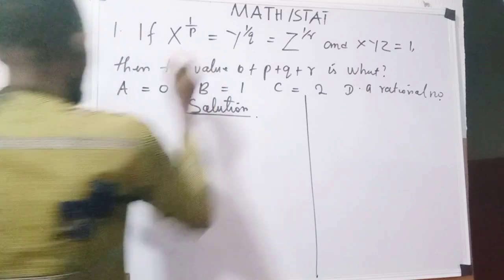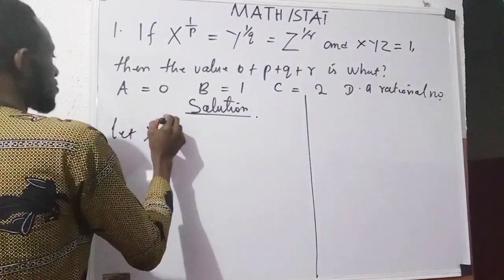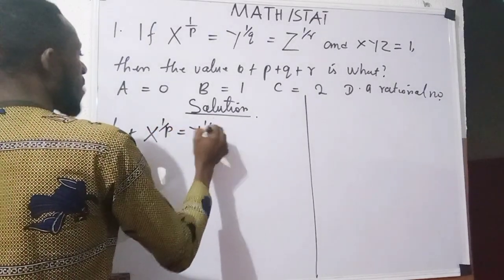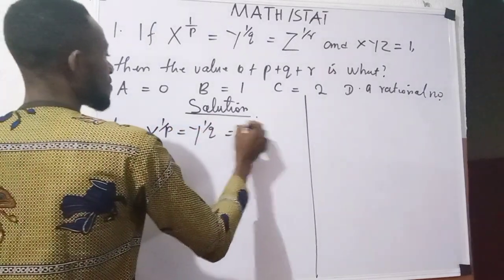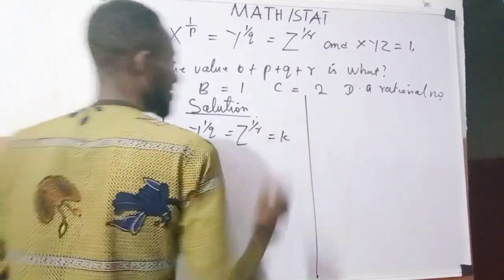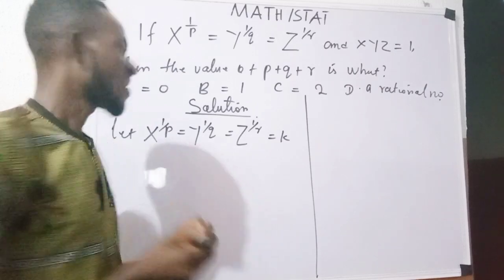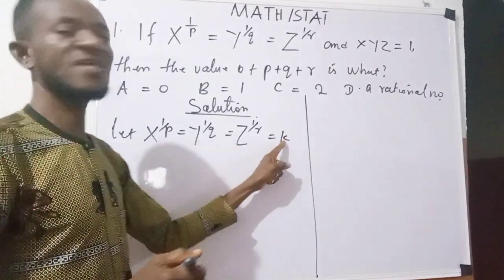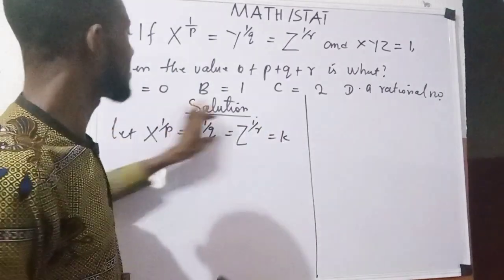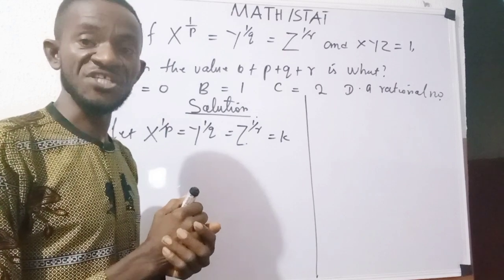Let x raised to power 1 over p equal y raised to power 1 over q equal z raised to power 1 over r be k, because I don't know what their values are. If you say let all this be k, it implies that let this be k, let this be k, and let this be k, because they are all equal to each other.